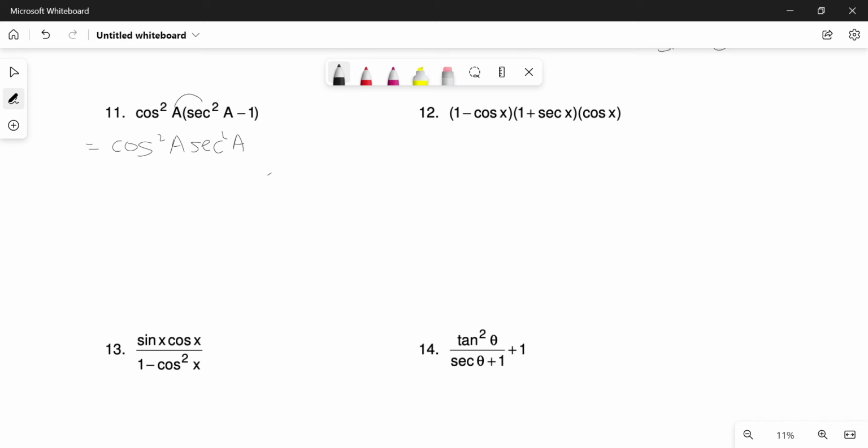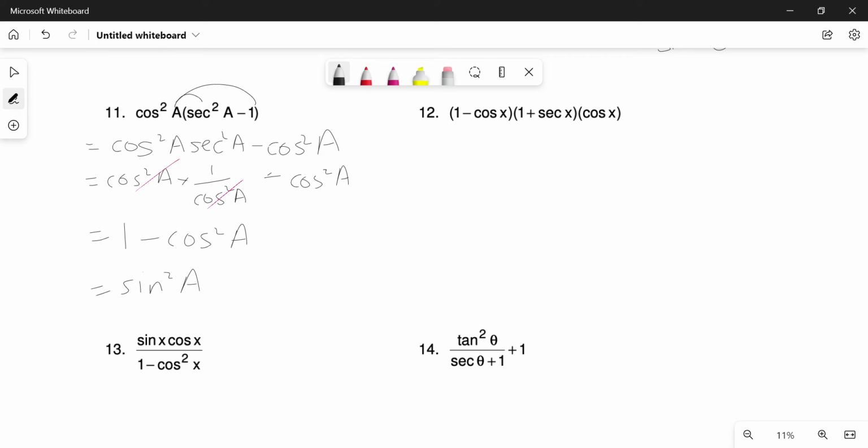So we've got that one times that one and that one times that one. And just remember again that sec is 1 on cos, so sec squared is 1 on cos squared. Did we just do this one? Feels like it. So you keep coming across the same identities. So cos cancels, so it's just cos squared on cos squared, which is 1. And we've got minus cos squared A, and we know 1 minus cos squared A is sine squared A. Again, using our Pythagorean identity, sine squared plus cos squared equals 1, but rearranged.